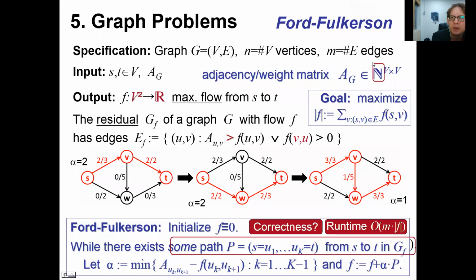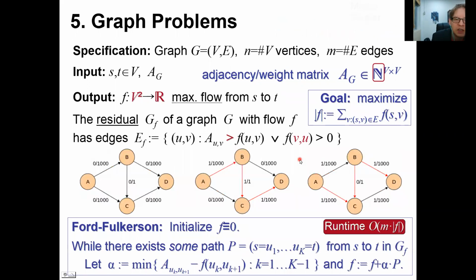And that raises the question, maybe we're overestimating the actual cost, right? It's quite conceivable that our bound is unnecessarily conservative, and that the actual running time is much better.